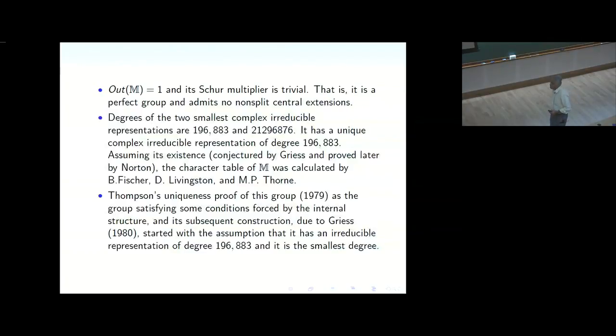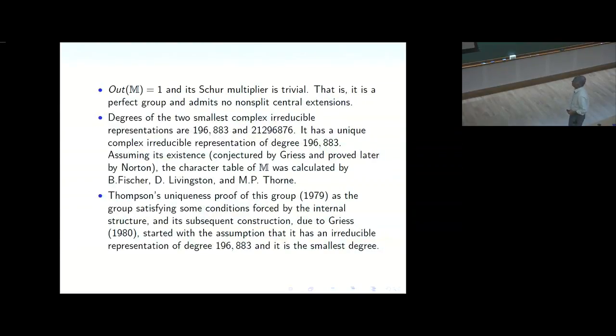And assuming its existence, its character table was calculated by Fischer, Livingstone, and Thorne. Fischer's and Griess's assumption to start with was only a centralizer of an involution. With that, they deduced that there should be a character of that size, and much more of the structure theory was obtained by assuming that there exists a group which admits an irreducible character of that degree.